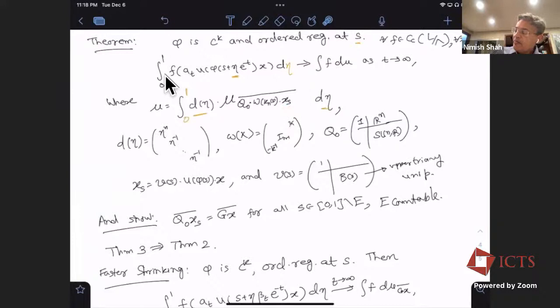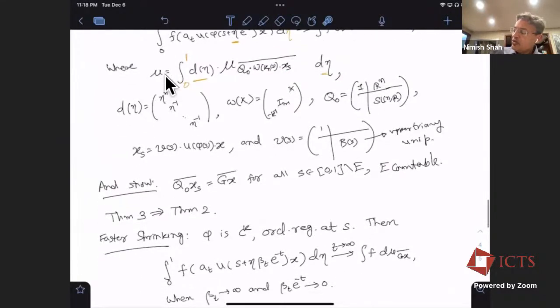But interestingly, one can actually show, and it is also quite non-trivial to show, that for all but countably many points, this measure is already G invariant. So I don't even have to look at Q naught. So this is a mistake here. I should say that W, Kn, S, XS closure.